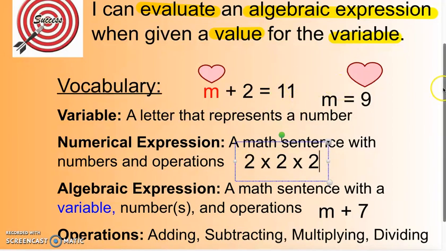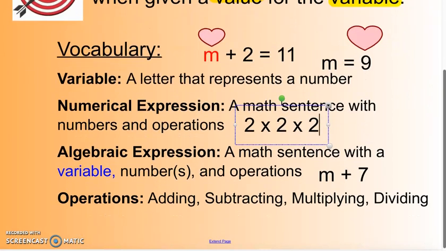Now we're going to work with algebraic expressions. The only difference is that there's going to be a variable in it. So instead of all numbers, we are going to have something that is missing in it, some secret number. We're going to use letters to represent that, and they're called variables.